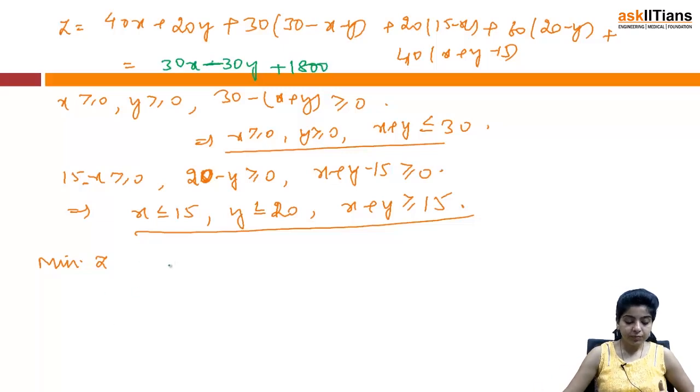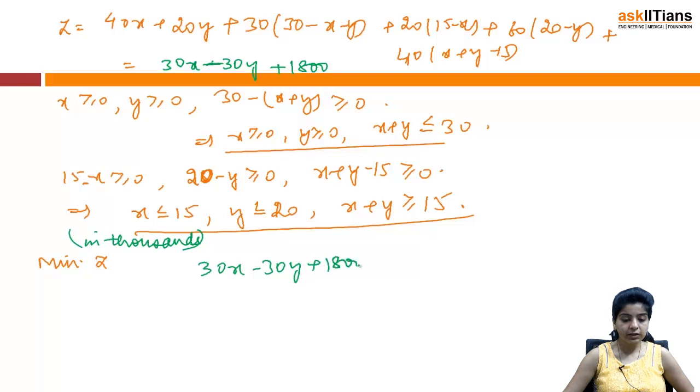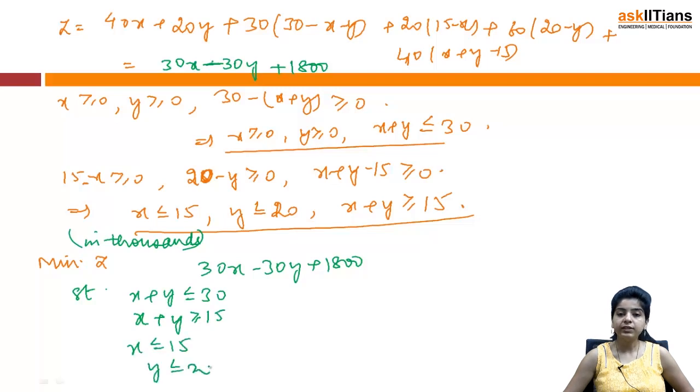So our problem becomes, and the most important thing is that we have considered it in thousands, minimize z equal to 30x minus 30y plus 1800, subject to the constraints x plus y less than or equal to 30, x plus y greater than or equal to 15, x less than or equal to 15, y less than or equal to 20, and x and y greater than or equal to 0. So this is the mathematical formulation of this LPP, linear programming problem.